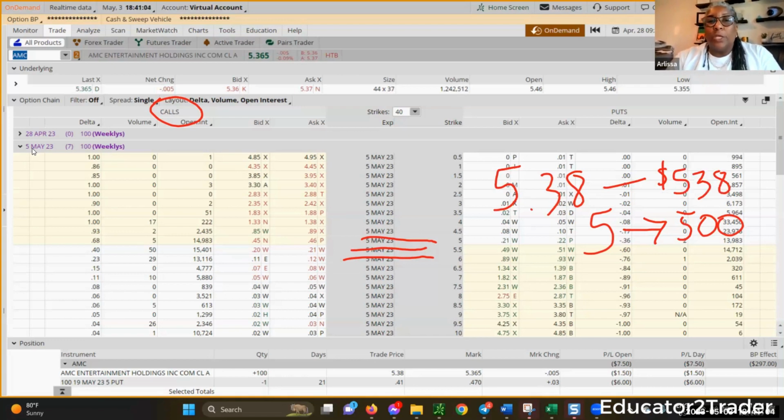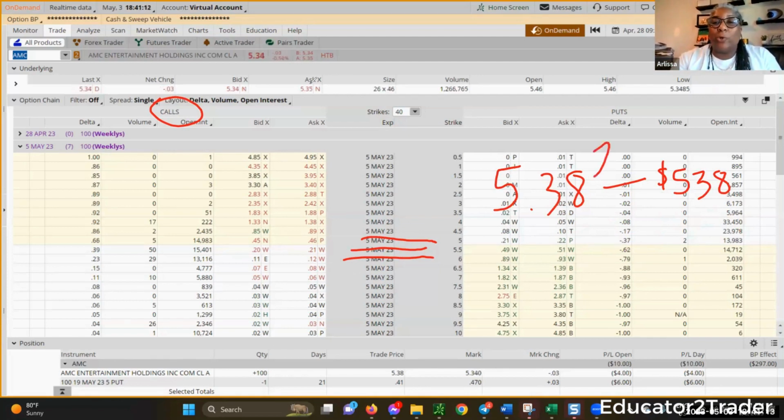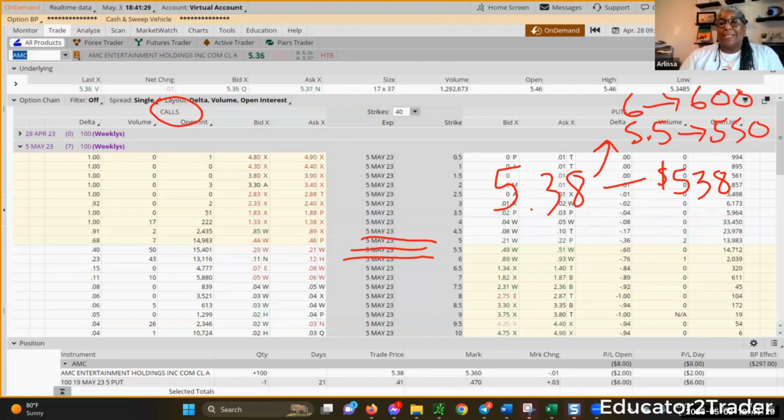So you have to pick a strike price higher than what you paid. You can go up to $5.50, $6, because if the price goes up, then you would release your shares for $5.50, or you would release your shares for $6 each.